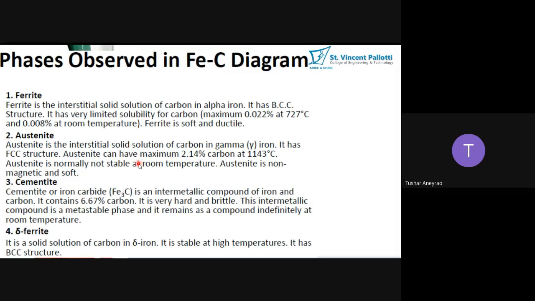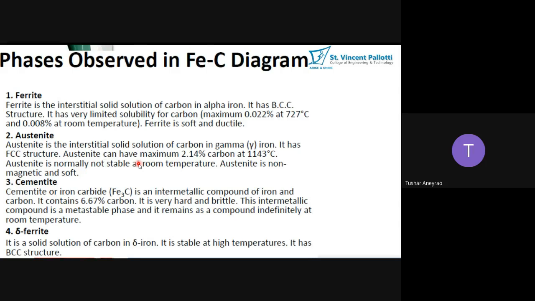Okay. Then cementite. Cementite or iron carbide, that is Fe3C, is the hardest phase. Whenever you want to improve the hardness, what you have to do? You have to convert the maximum amount into cementite. Okay, so now cementite is a phase we did not see in the previous slide. Why?